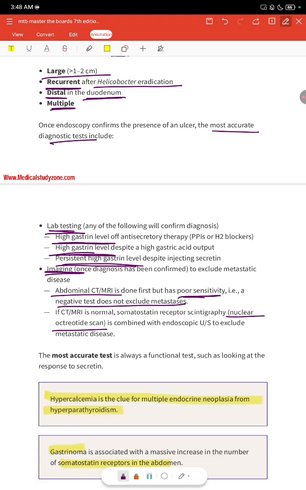So the first option is abdominal CT or MRI, but it has poor sensitivity, meaning that a negative test does not exclude metastasis.